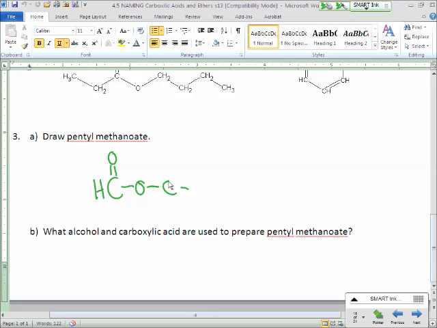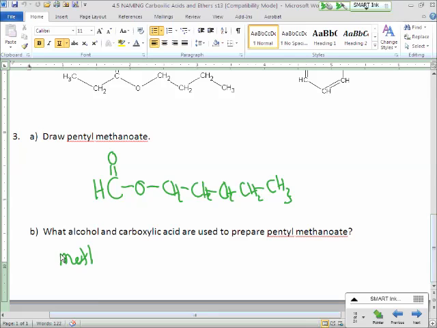5. 1, 2, 3, 4, 5. And I load it with H's. H2, H2, H2, H2, H2. See, Bailey, if you just squeeze them in like that, you draw your pictures much quicker. H3, H3. What alcohol and what carboxylic acid would I have to mix?